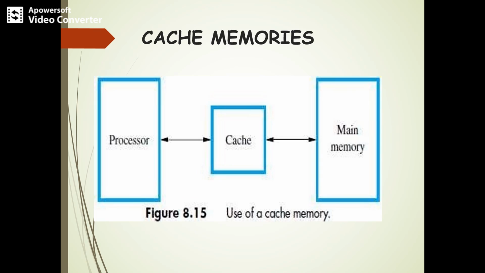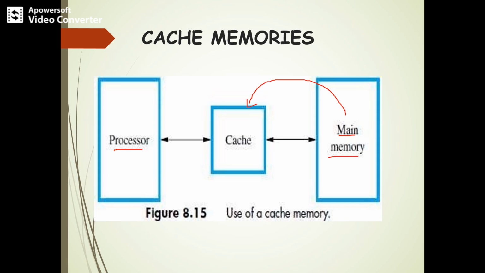So next is cache memories. In the case of cache memories, we have one processor unit here and one main memory unit here. In the case of cache memory, some set of information from the main memory will be copied into the cache.